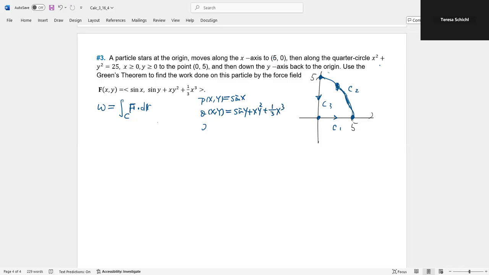Let's see, ∂P/∂y. What is ∂P/∂y? It's 0. That's easy.